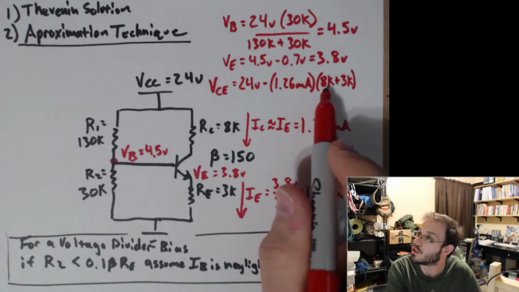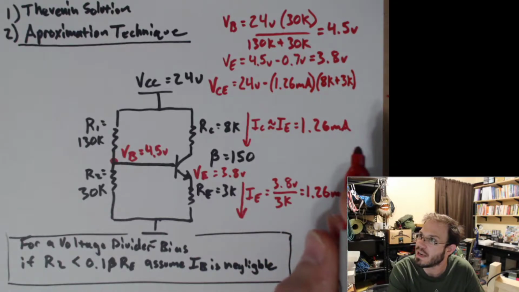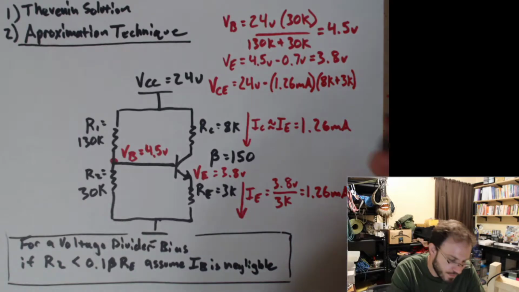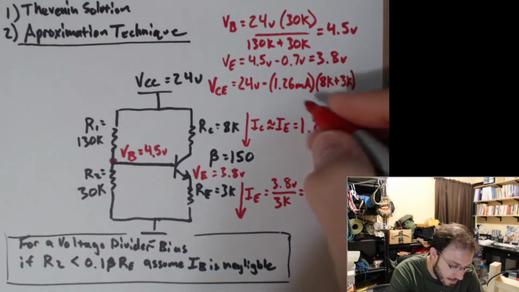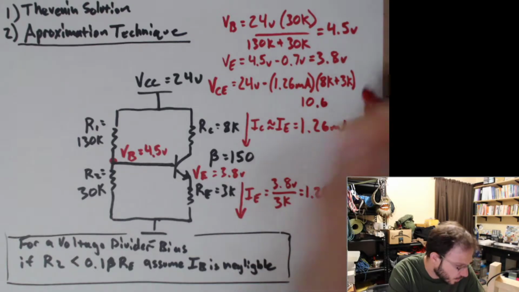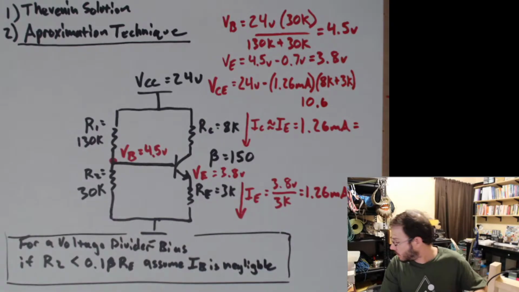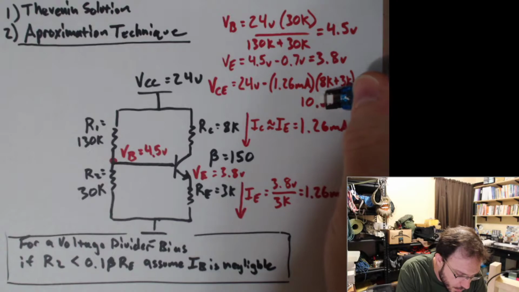This is the voltage drop across the 8K and the voltage drop across the 3K. So what do we end up getting for VCE? VCE ends up being equal to 10.06.